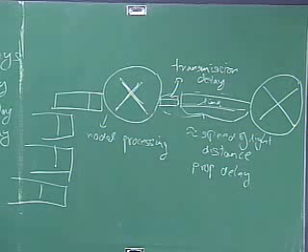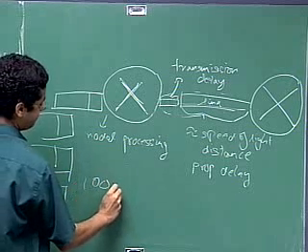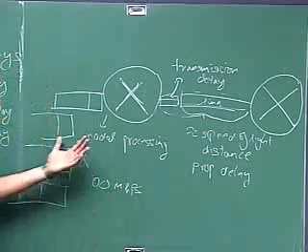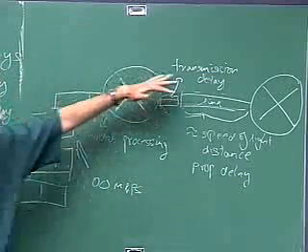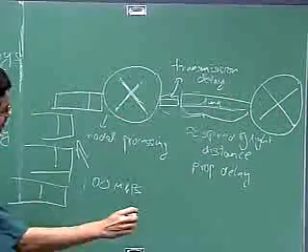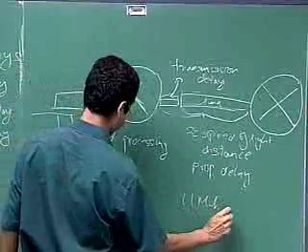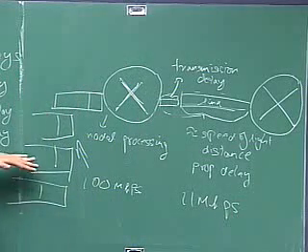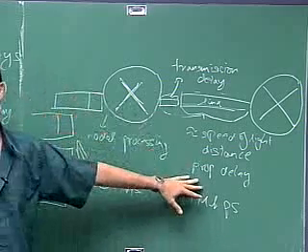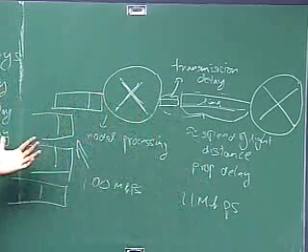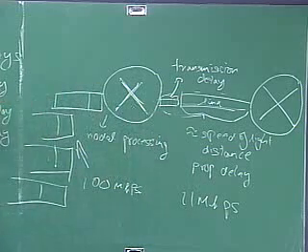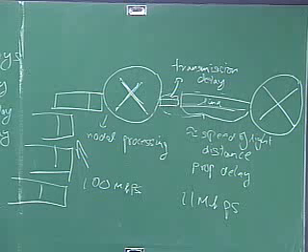So data can potentially arrive at 100 megabits per second at this access point, and it's being sent to the next access point at a peak rate of 11 megabits per second. So clearly, you cannot sustain the input rate with the output rate. So these packets will get queued at this router. And this queuing is also the major cause of losses on the network.